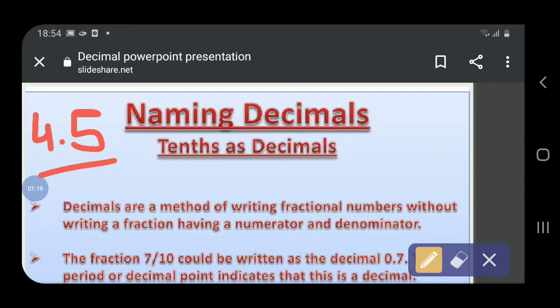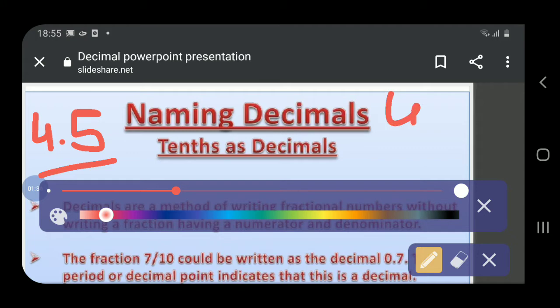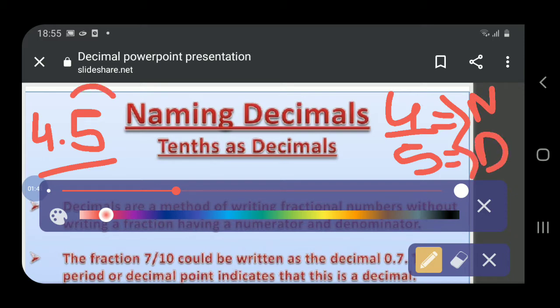And when we talk about fractions, we write it as 4/5. It has a numerator and denominator, but it does not have a decimal point in between them.